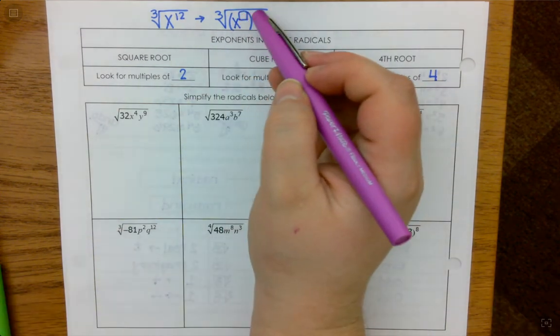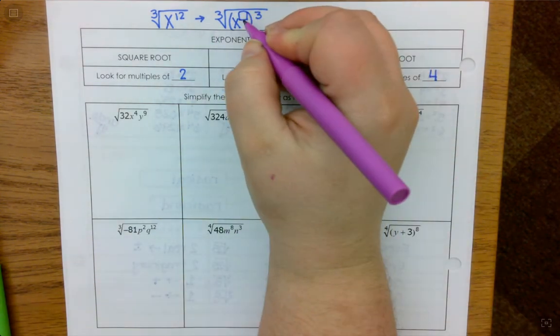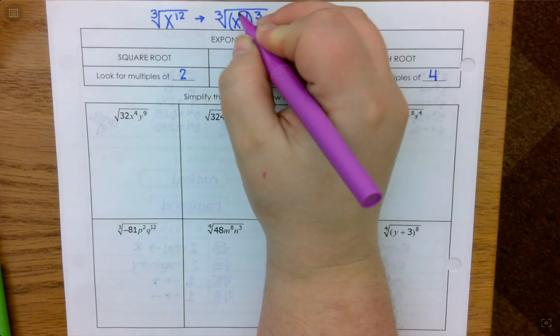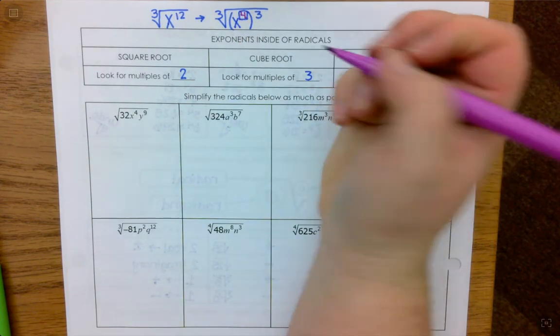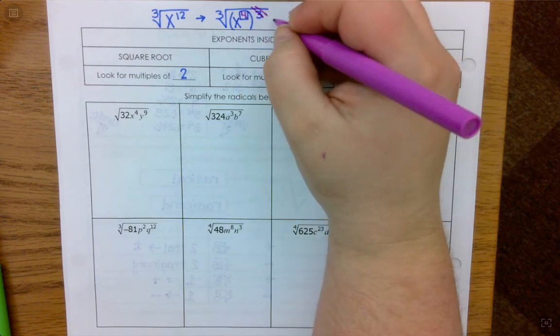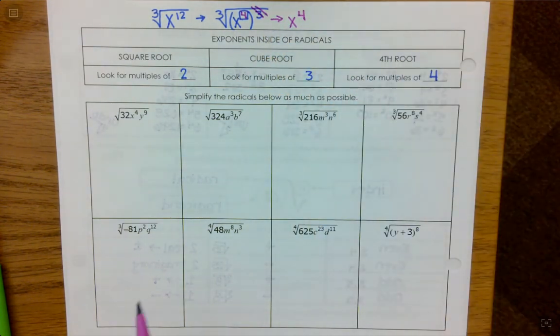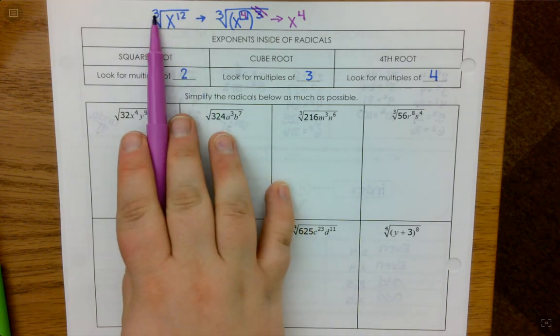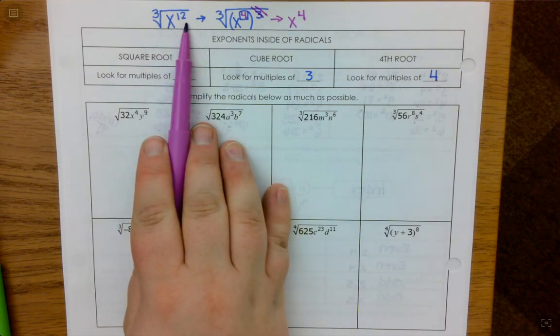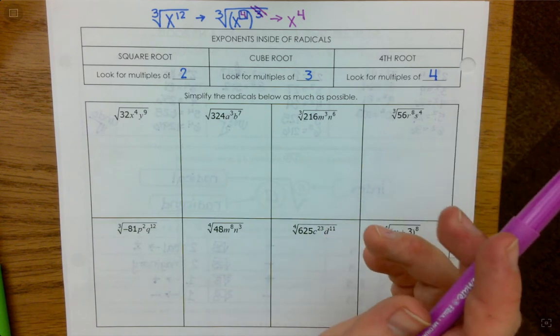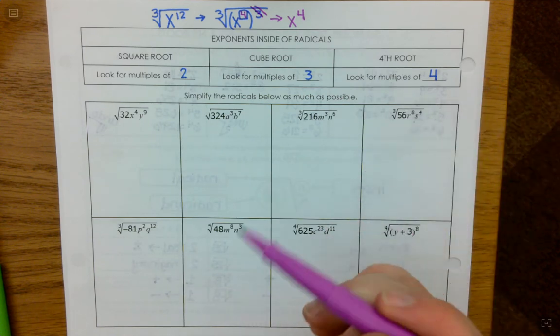So these two exponents will always multiply. So really, I'm asking myself, what times 3 equals 12? Well, 4. And then these cross out, so I have x to the 4th left. So what I'm really doing is trying to figure out how many times this goes into this. And sometimes there will be a little left over, and I'll show you how to work with that.